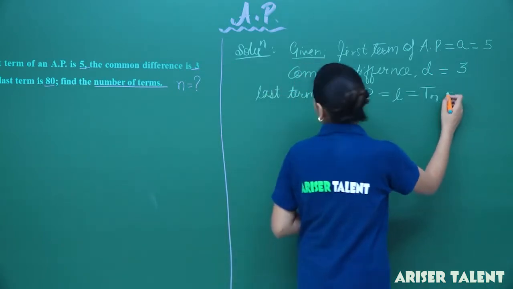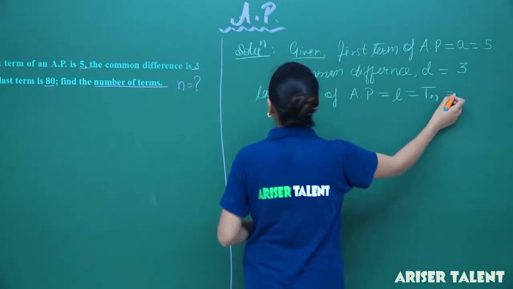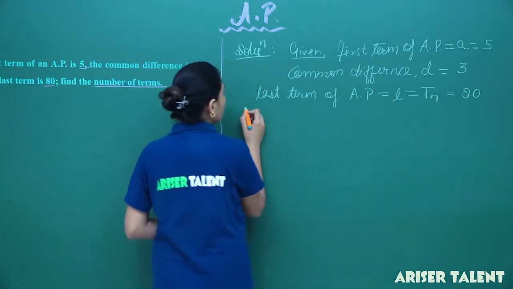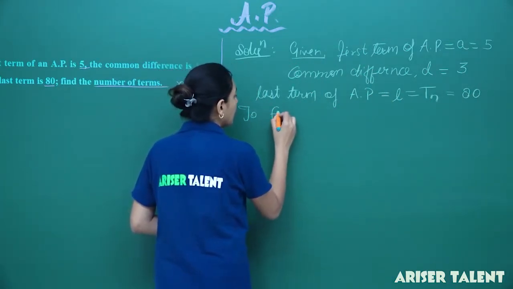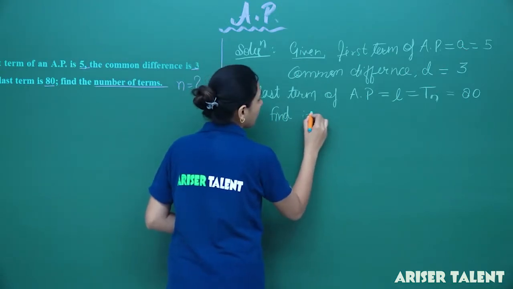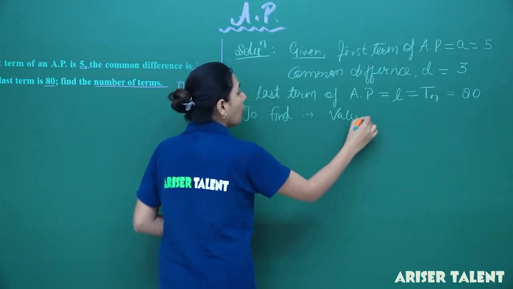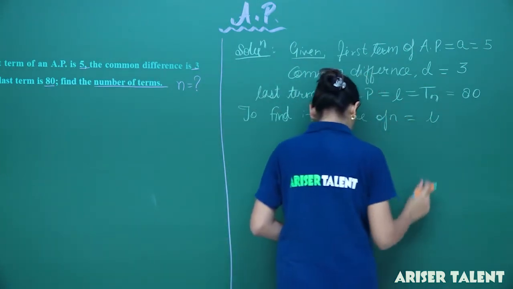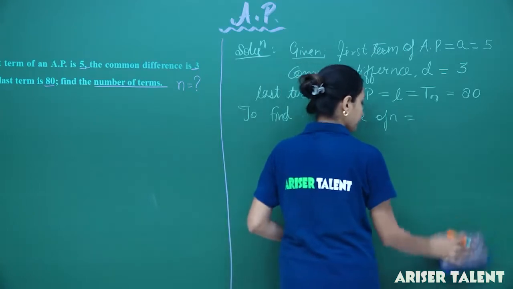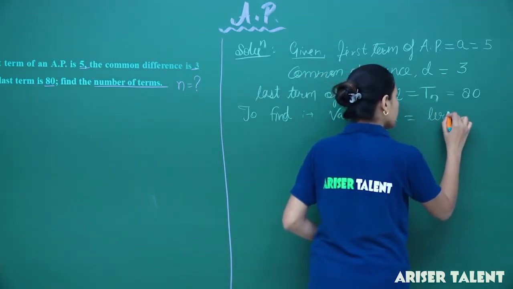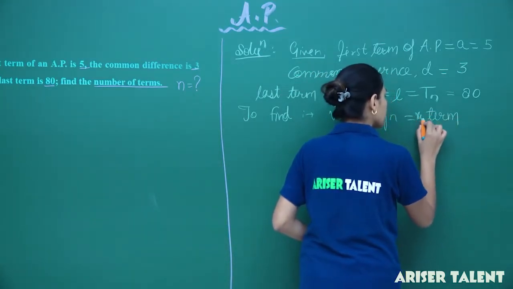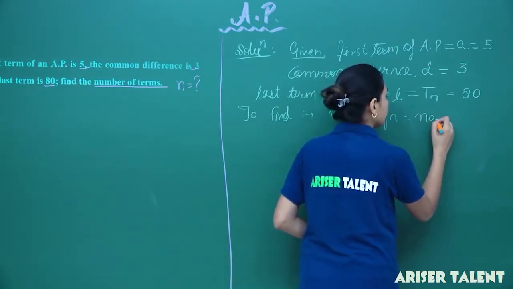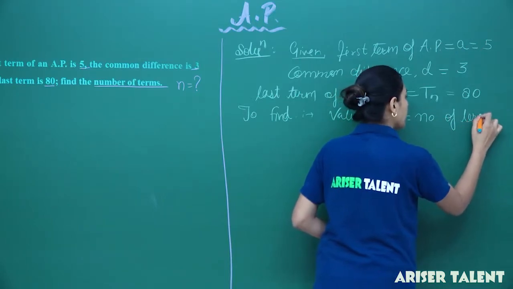This is given as 80. Now you have to find the value of n, that is, the number of terms in AP.